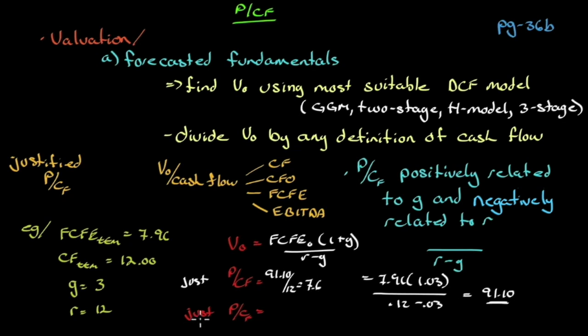But we can determine a justified price to cash flow by looking at price over free cash flow to equity as well per share, again trailing 12 months, P naught over that cash flow. That will give us 91.10 over 7.96, which gives us 11.4. So when we look at a justified price to cash flow for this particular price multiple, we have to pay attention to, well, what denominator do you mean?